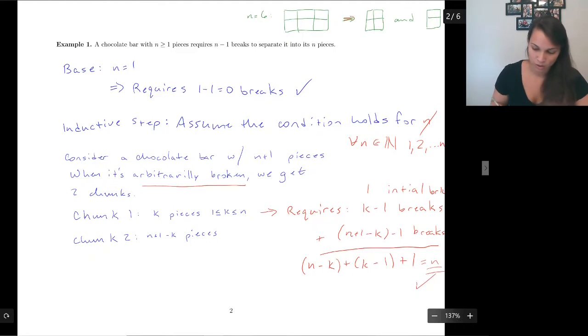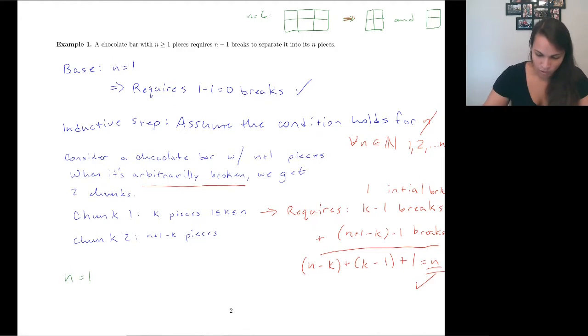So this works. So why do I get to assume that all of these work is probably the biggest question. Because if we were to start at n equals 1, then that would be the only condition. So then we would have exactly one condition, and that would be n equals 1.